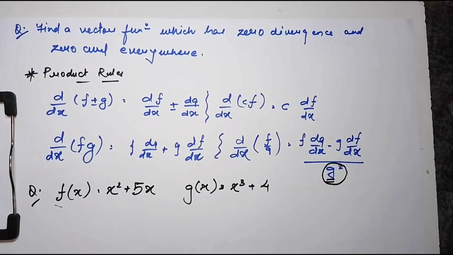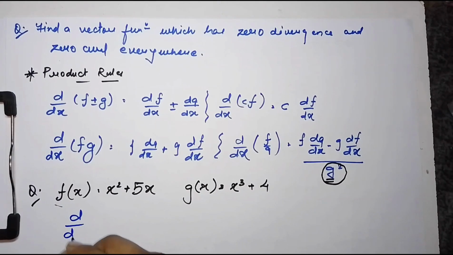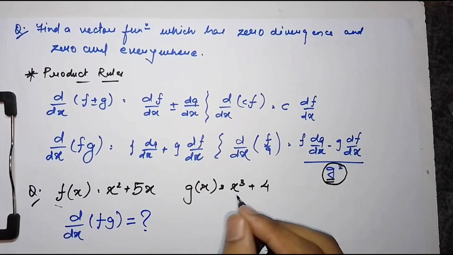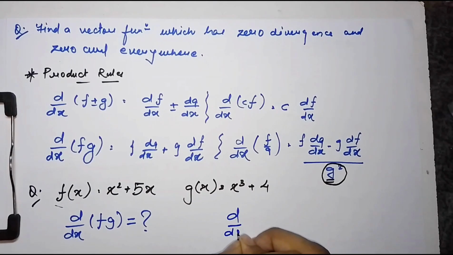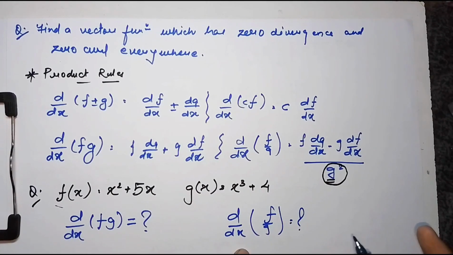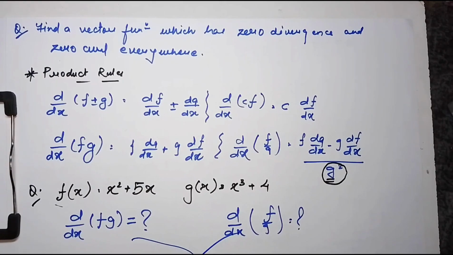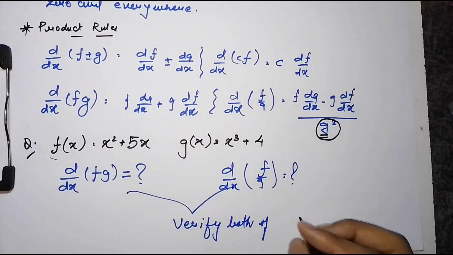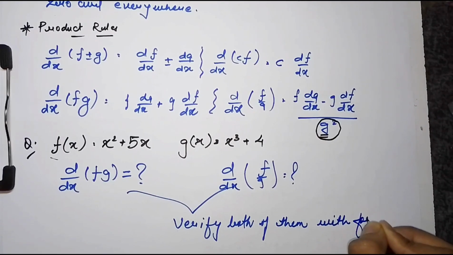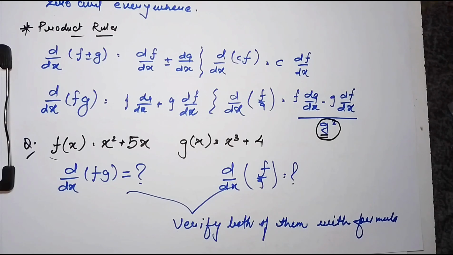What you have to do is find d upon dx of fg, and you also have to find d upon dx of f upon g, and verify both of them by formula. I hope it's clear. Try this on your own. In the next lecture, we will start by discussing this particular problem.